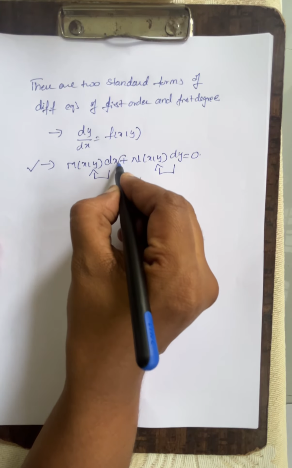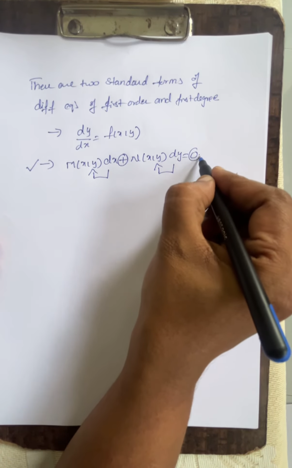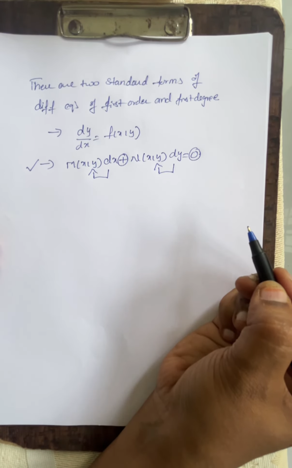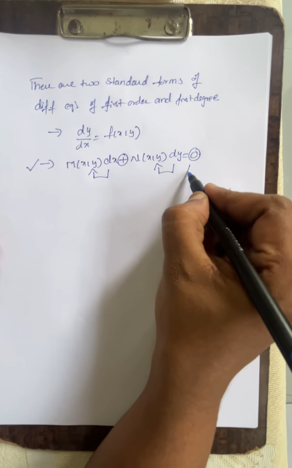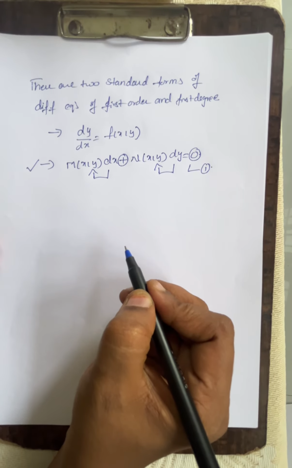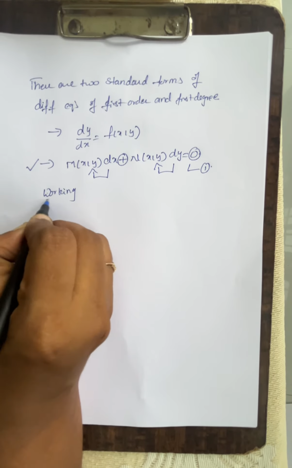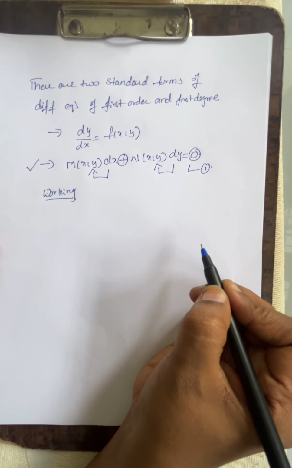One thing we need to focus: the middle sign must be positive and it must be an equation. If it is not an equation, we need to convert the right hand side values to the left hand side, and make it an equation. Using this form, I am going to solve an exact differential equation. Before going to solve, we need to know how to simplify the problem by using this method.